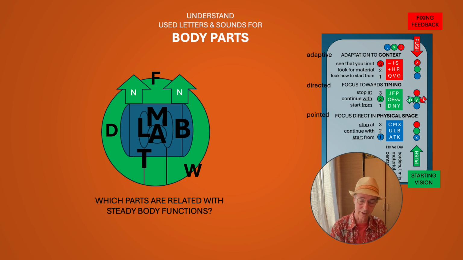Beyond that are the other letters, the letters which are not just related with timing, they are related with movements, with changes. So that means if it's about body, these are the parts that move, that are changing, and so on. So you have there the other letters, the D, the W, the N, the F. You can have them placed somewhat already there, further away, with some movement, and so on.